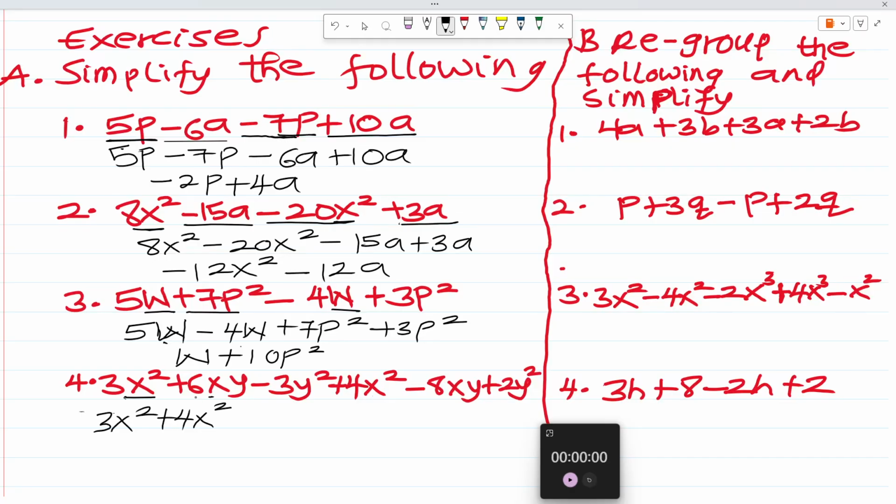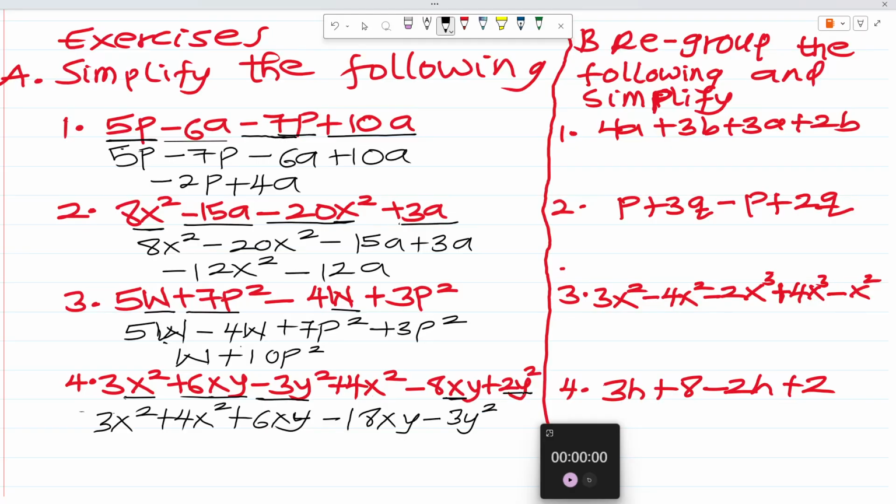The next expression, this term is plus 6xy. So we scan through for xy. Okay, there is another xy here, minus 8xy. The last one, we have minus 3y squared, negative 3y squared.